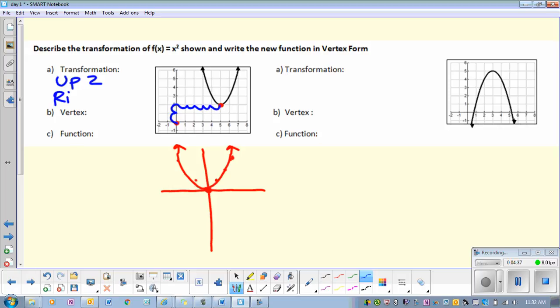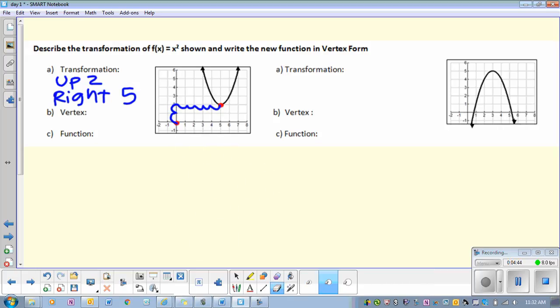Right 5. You don't need this, so let's erase that. Did it flip? No, it's still U-shaped.